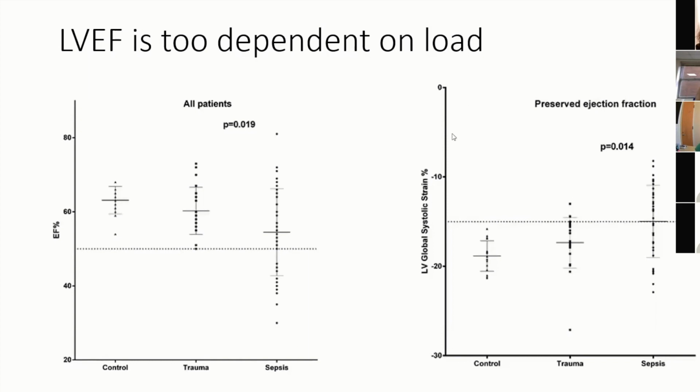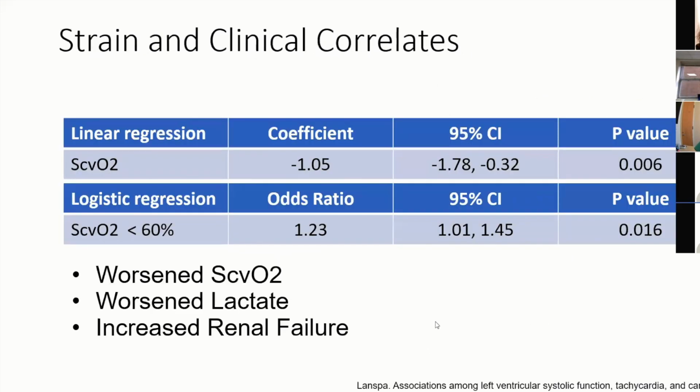Again, the higher or less negative number is worse. A good strain would be somewhere around -20 or lower. These patients right here have abnormal function, and these are all people who would have a normal ejection fraction. The suspicion here is that some of these patients probably have insufficient preload.